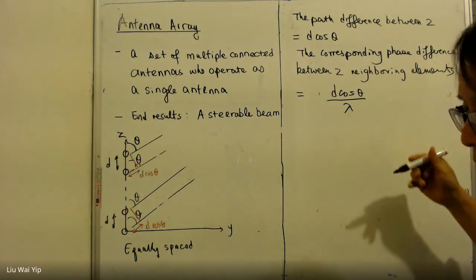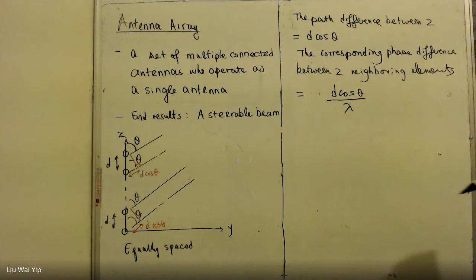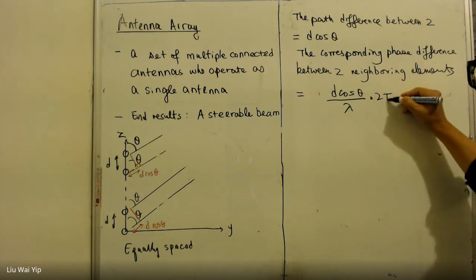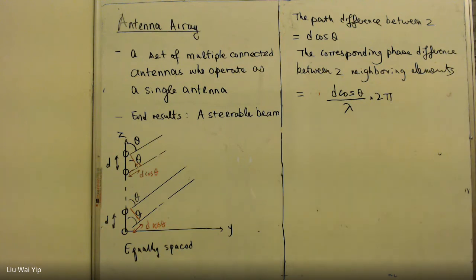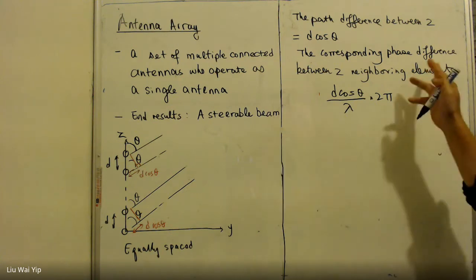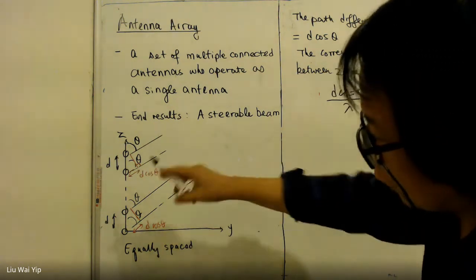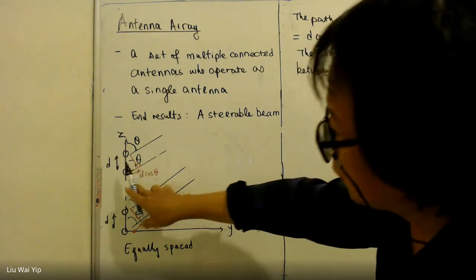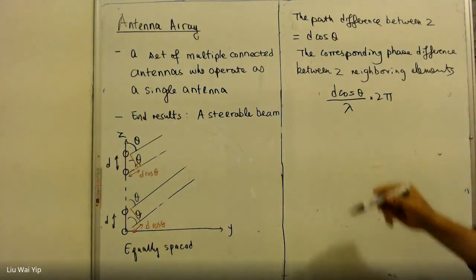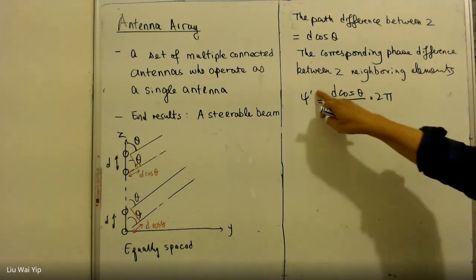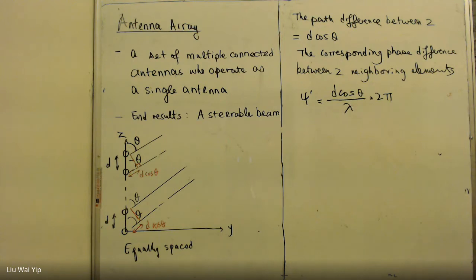The whole wavelength should be equivalent to 2 pi. So this is what I think. And let's call this path difference, the difference in terms of phase because of the spacing here, will be equal to this.